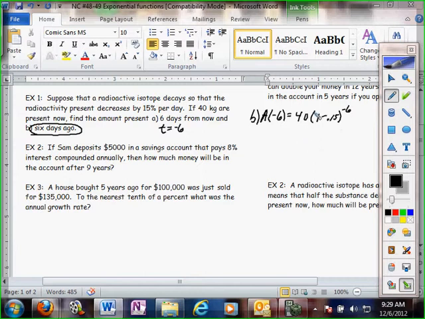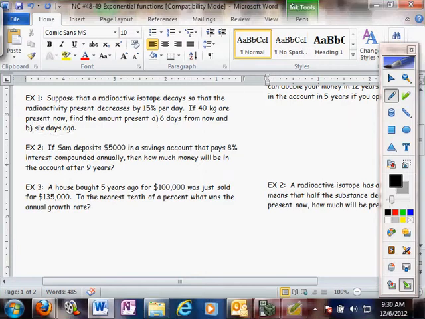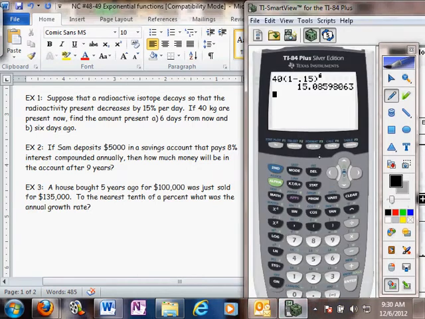I'm going to plug that into my calculator, and that's going to be 106.059 kilograms.